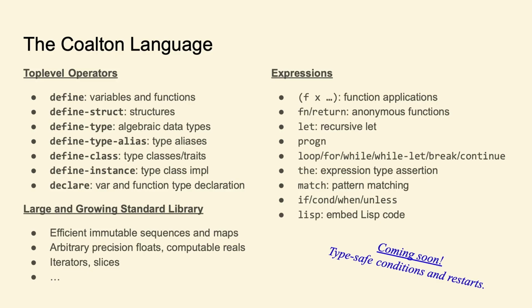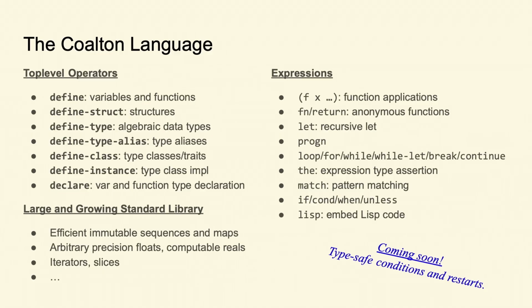The standard library includes things that are very useful to functional programmers specifically, such as immutable sequences and maps based off of RRB trees and hash array map trees. There's arbitrary precision floats. I've wanted this in Common Lisp forever. I think at SBCL 20, I'm like, SBCL developers, please let me extend the numerical tower. There's no way they're going to do that, obviously.